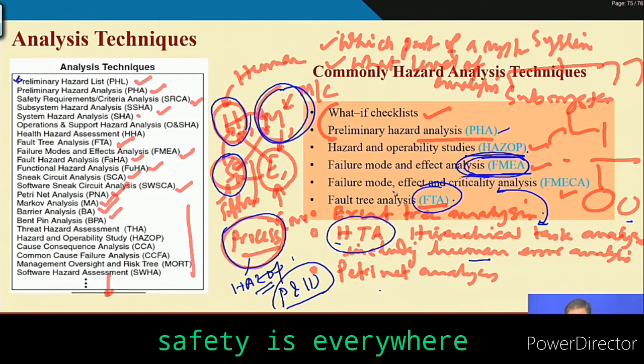This is the basis for why so many techniques are developed, and you find out which technique will be better suited for your system, your subsystem, your component. Even a component can be further broken into parts to identify the failure modes. I think it makes some sense.